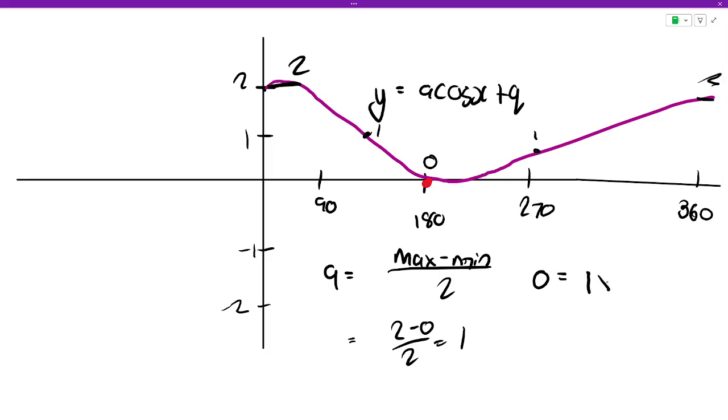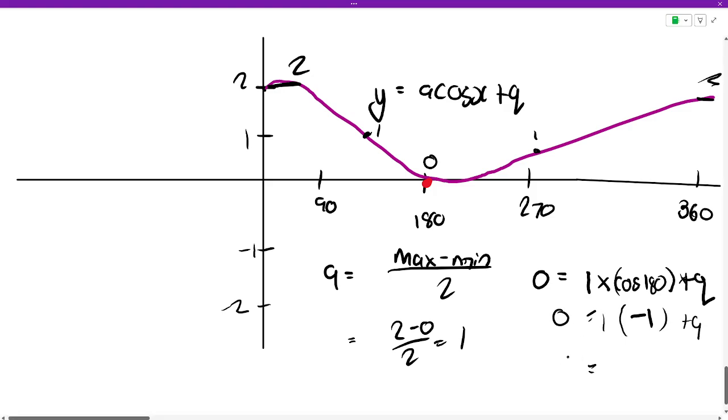So a is 1 times cos of 180 plus q. Right. Now all you do, cos of 180 is minus 1. Right. Now, times 1 plus q equal to 0.